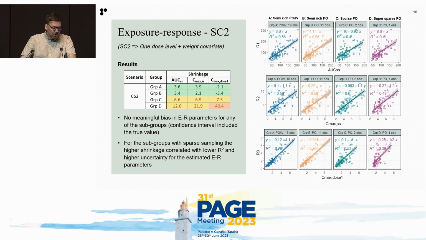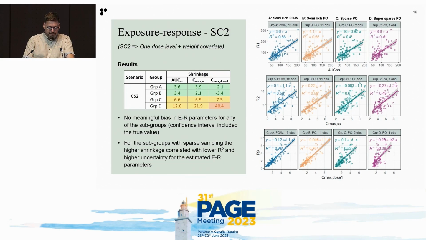However, it's quite noticeable that with more and more sparse design, we get a lower R-squared value and consequently a higher uncertainty in the estimated exposure response parameters. And this is really due to the inherent correlation between individual shrinkage and individual exposure metrics uncertainty, their relative standard errors, for example.